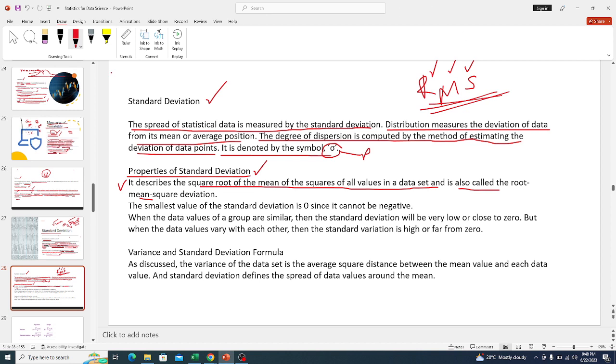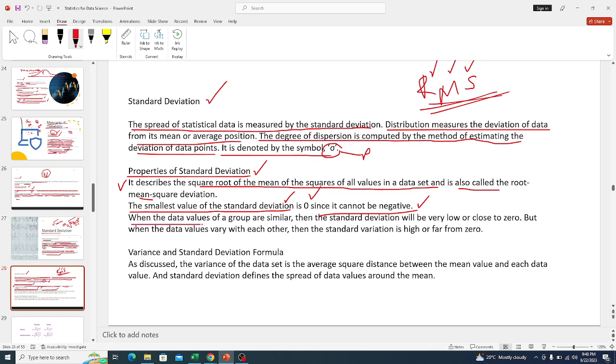The smallest value of standard deviation is 0, and it cannot be negative. The same applies to variance, which is non-negative in nature.